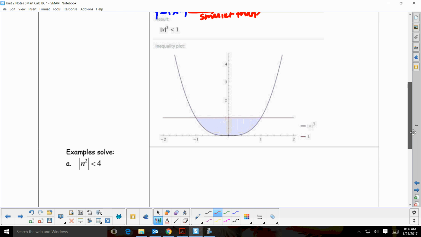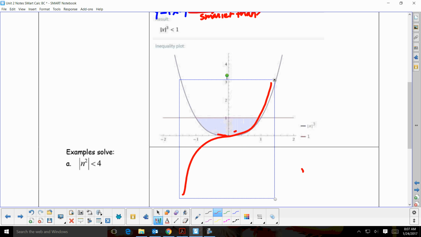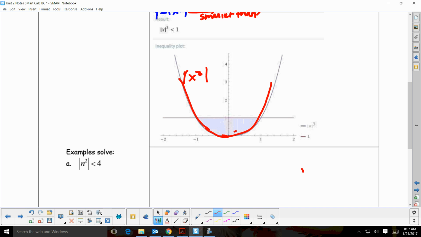So if I was to graph just x cubed, it would be like that. But I want the absolute value, so what am I going to do with this? Flip it up for the absolute value.